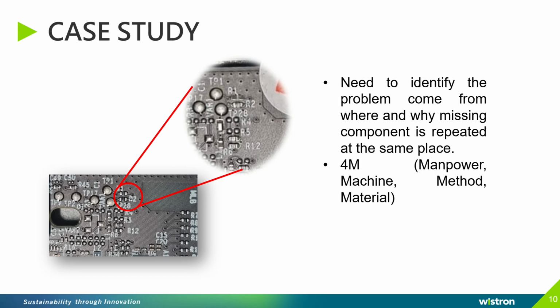Manpower refers to the human resources involved in a process, including their skill, training, and experience. Machinery involves the physical equipment and machinery required to carry out a process. Material encompasses all the inputs required for the manufacturing process, from raw material to components. And the last is method. Method refers to the procedures, techniques, and processes used to perform the task.